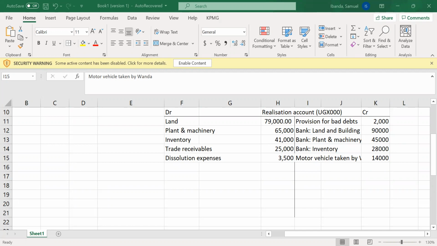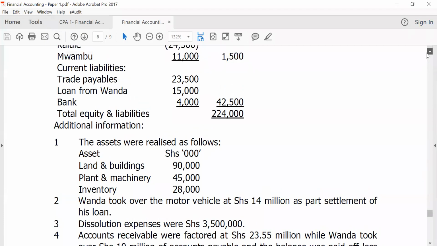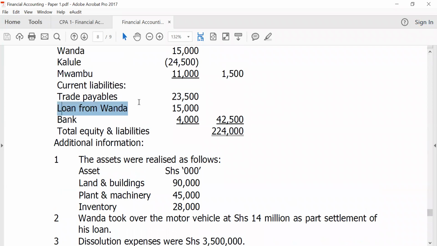Because we have a partner account for Wanda, but also, remember Wanda took over this because he had a loan that he had given the organization. When you come here, we have a loan from Wanda, which is standing at 15 million.